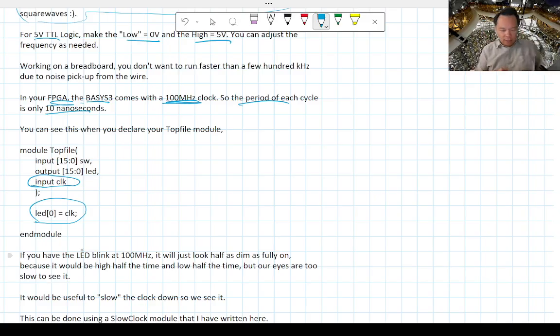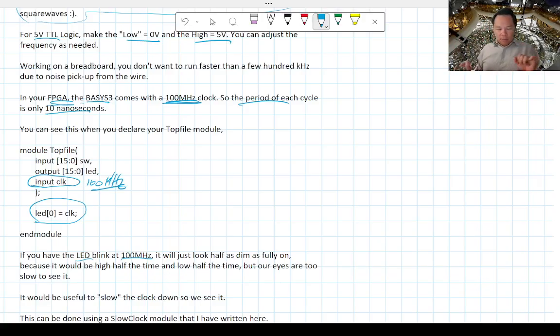Okay. And this LED is going to blink at 100 megahertz, because this is a 100 megahertz clock. 100 million times per second. Okay. Since we cannot see 100 megahertz, this is just going to look like a little dim light. In fact, it'll be about half as dim as what you would have if you just switched it on completely, because the light is on half the time, off half the time.